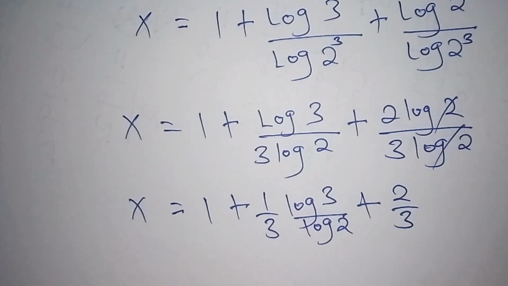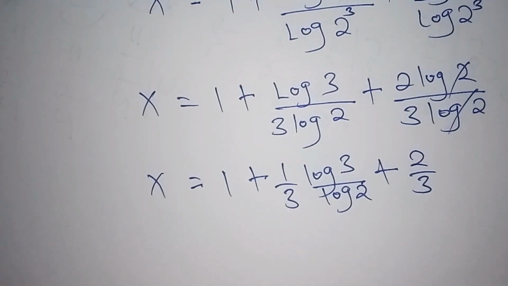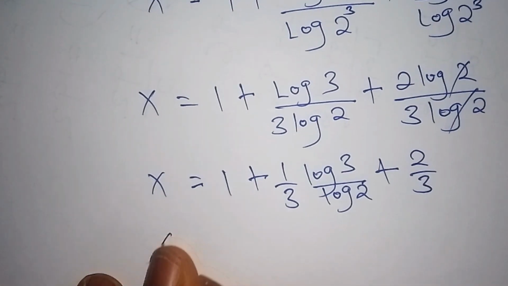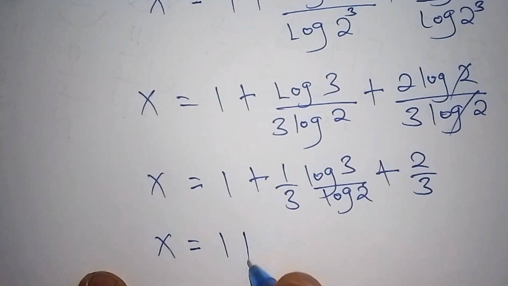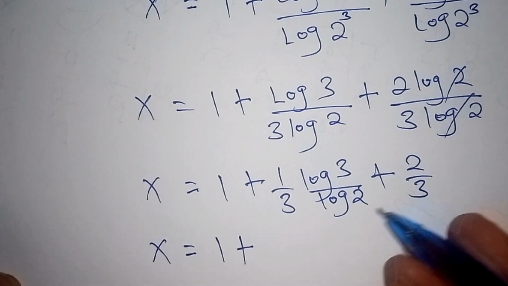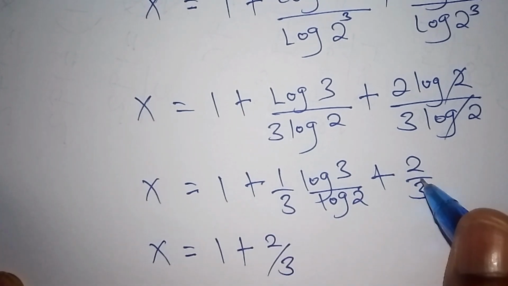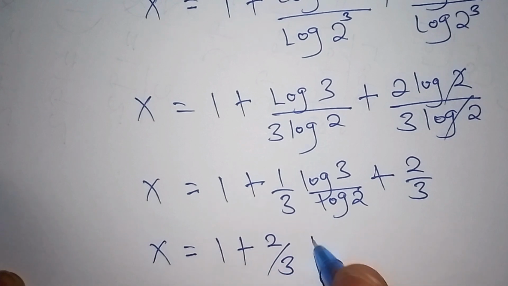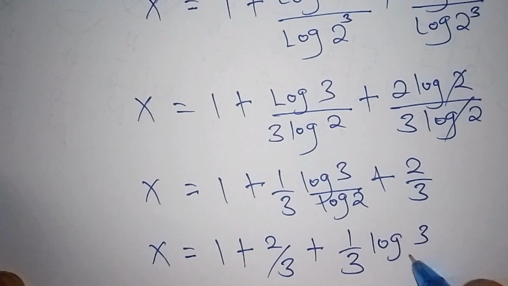So I want us to arrange this problem now. Our x is equal to 1, then plus 1 plus 2 over 3, I've just brought this to this side, then plus a third log 3 to base 2.